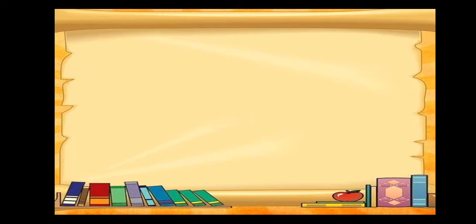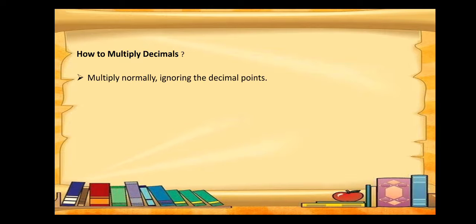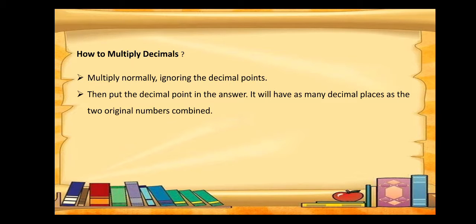So, let us learn about the steps that we use for multiplication of decimals. So, how to multiply decimals? Multiply normally, ignoring the decimal points. Then put the decimal point in the answer.